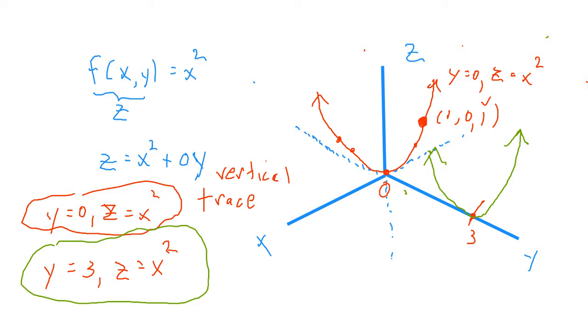We're going to get another parabola. And this point here would have coordinates (1, 3, 1). See how that worked? This is the curve y equals 3 and z equals x squared.